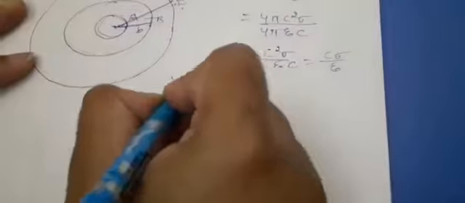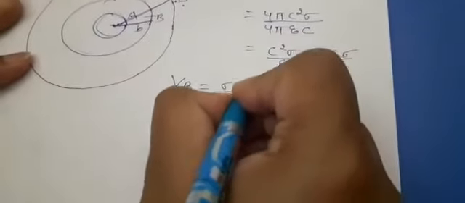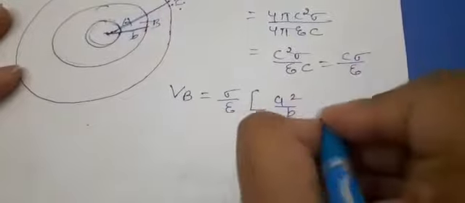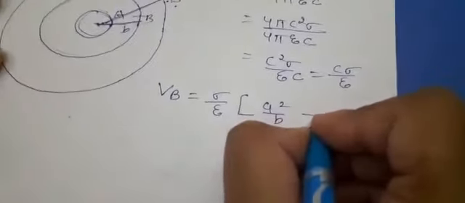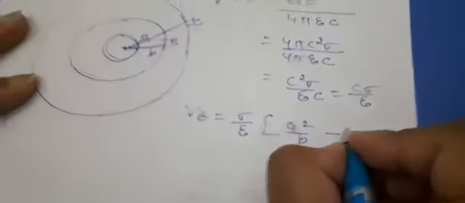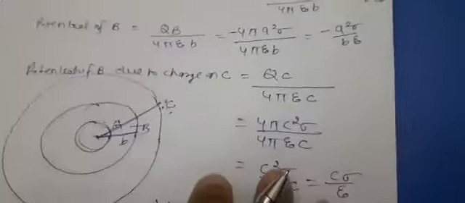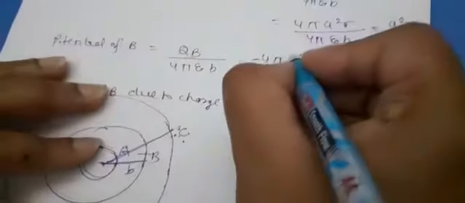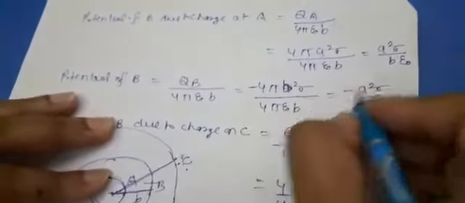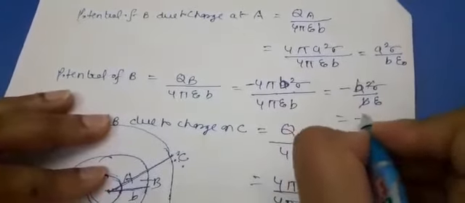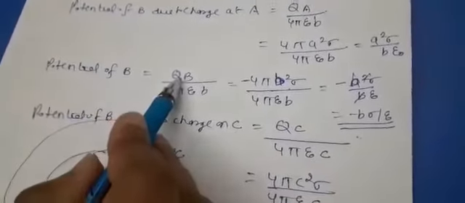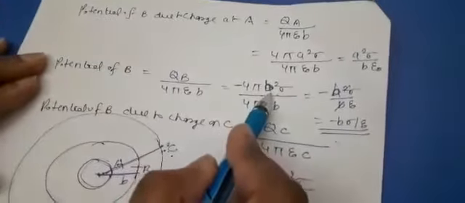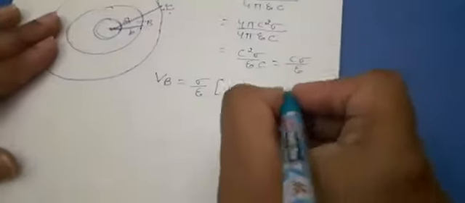So potential at B will be sigma by epsilon naught, A square by B minus... this distance should be B square, 4 pi B square, so that's why it will be minus B sigma by epsilon naught. This is a correction here, because for charge at B it is 4 pi B square into sigma, so it will be minus B plus C.